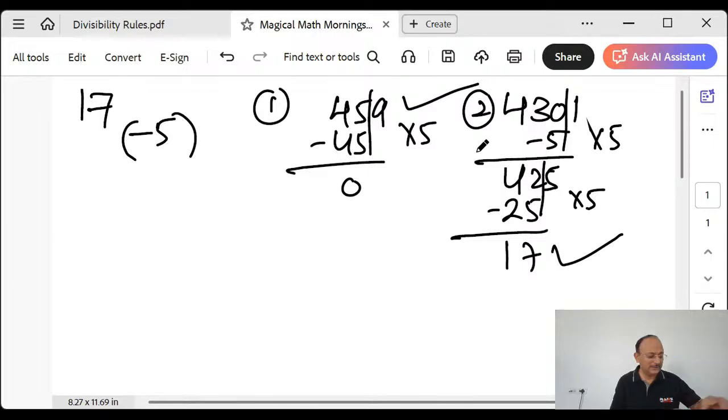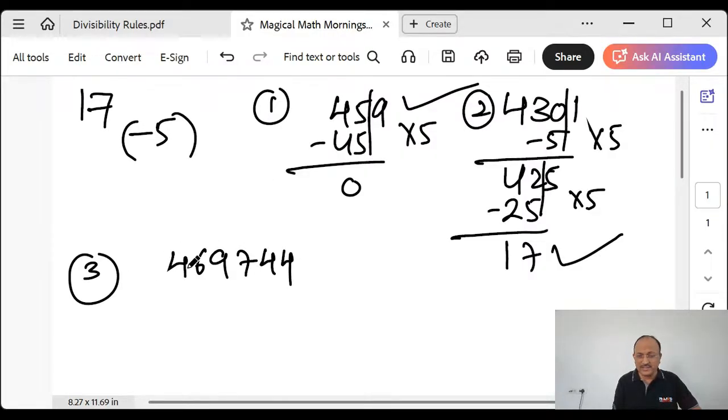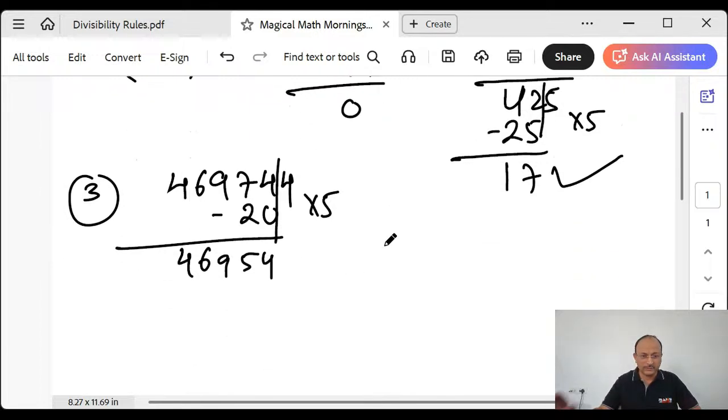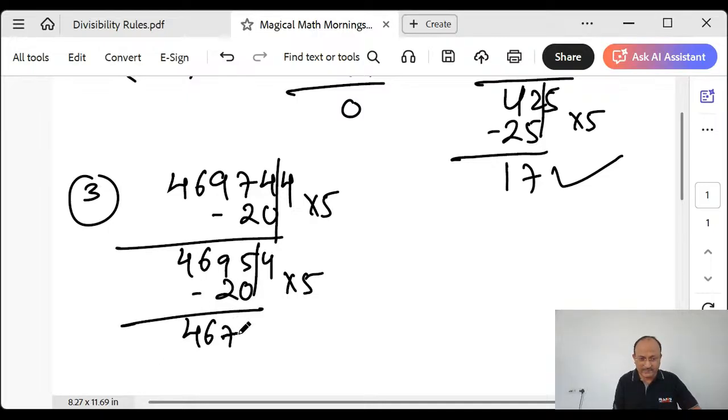Is it very simple? Let's take one more number. Third one. A little bigger number I will give. 469744. When you get such big numbers, this trick will be useful. So what do we do? Last digit into 5. 4 fives are 20. You subtract it. You will get 46954. And then again last digit into 5. 5 fours are 20. 4675.